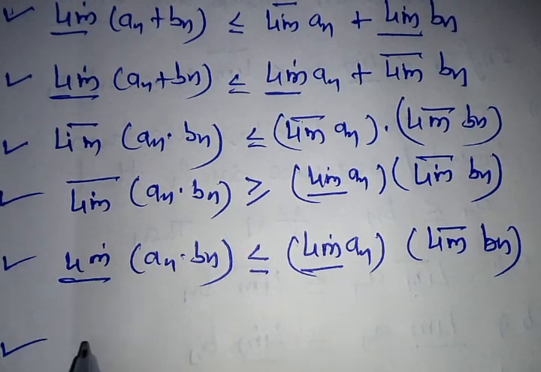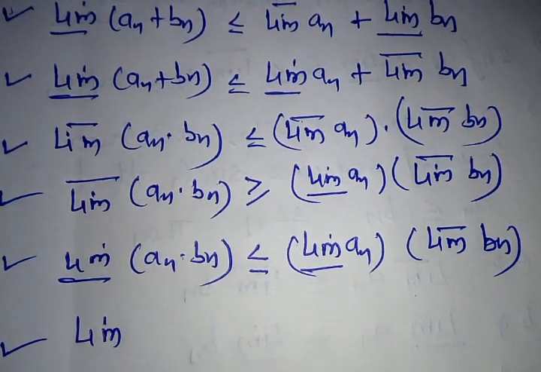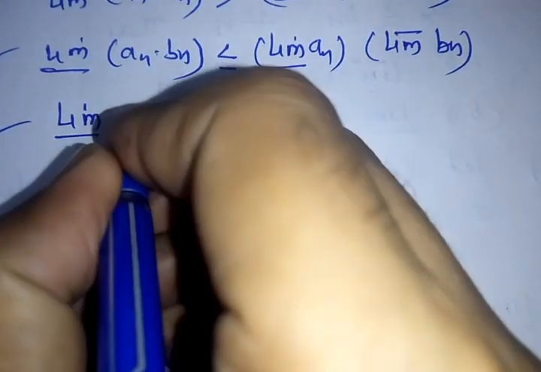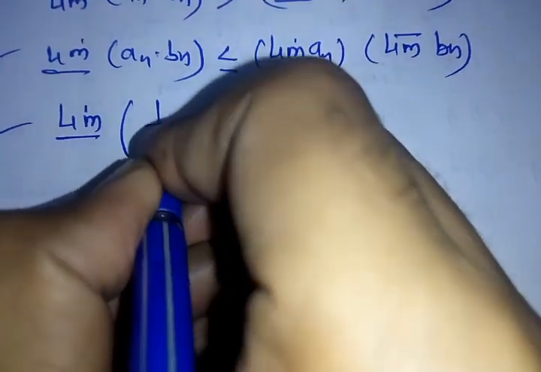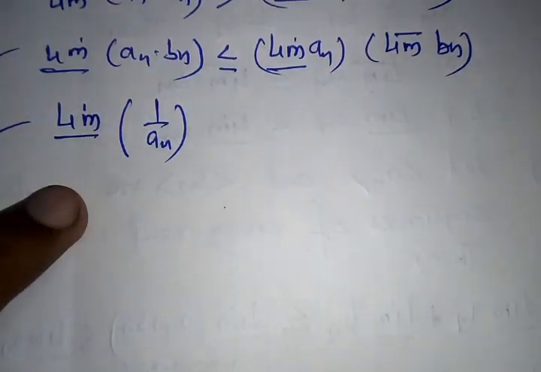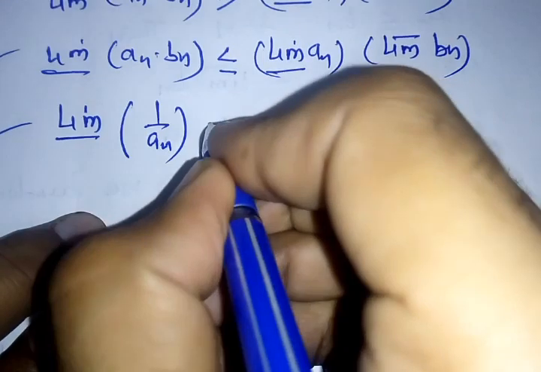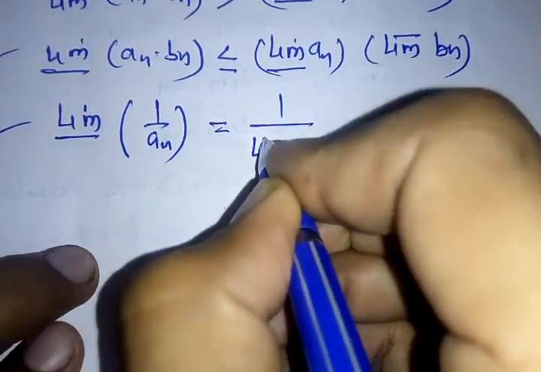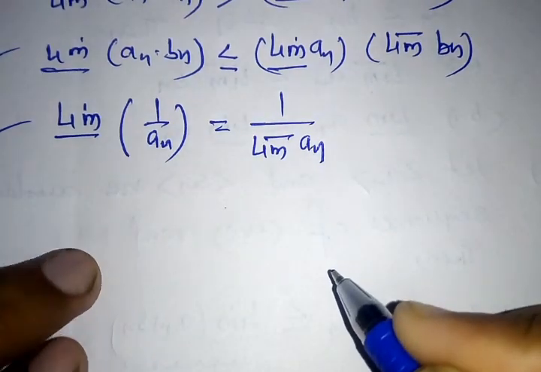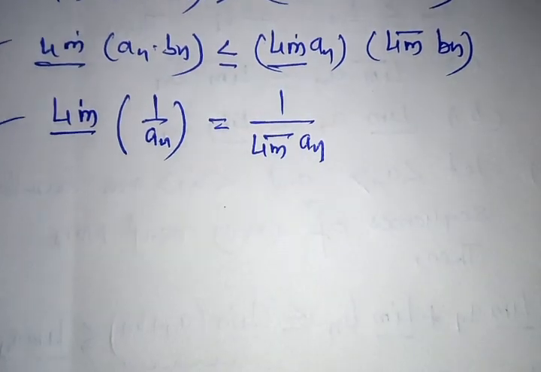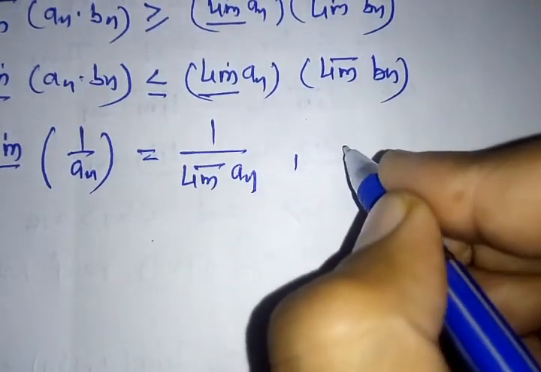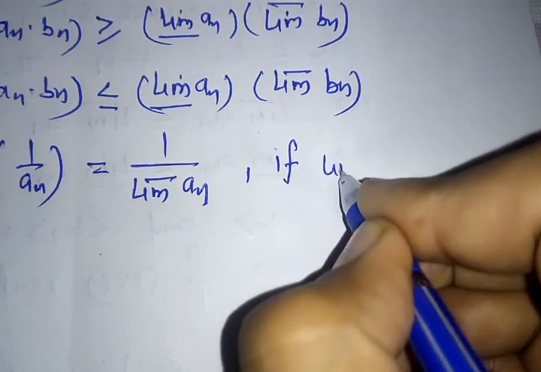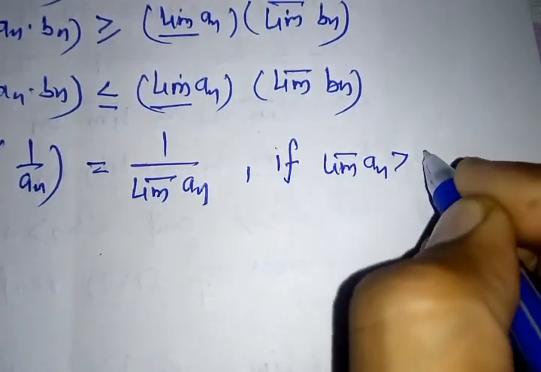Next property, limit inferior of 1 upon an, limit inferior of sequence 1 upon an is equal to 1 upon limit superior of an, but in the case if limit superior an is greater than 0.